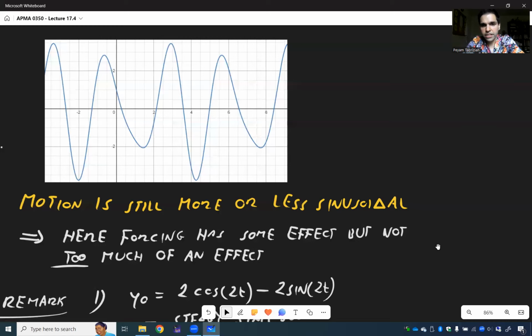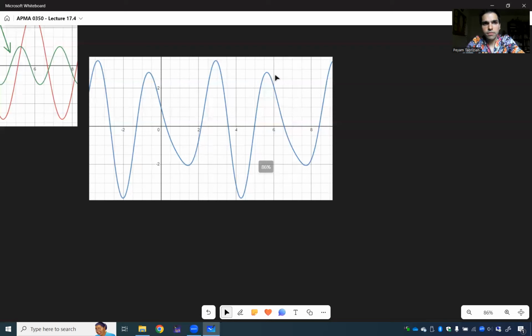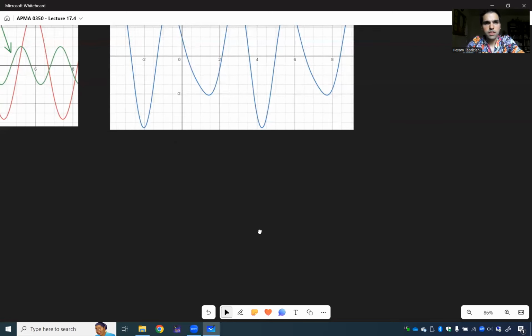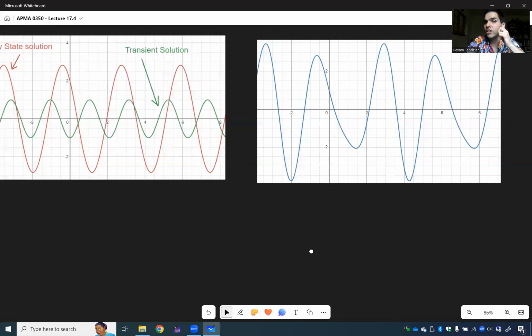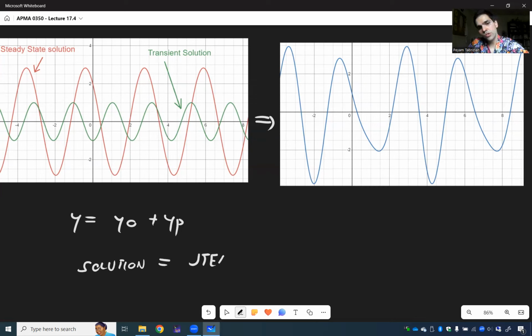In other words, if you add the red solution with the green solution, you do get the blue solution. Or in other words, y equals y0 plus yp says that the solution is the steady state solution plus the transient solution.